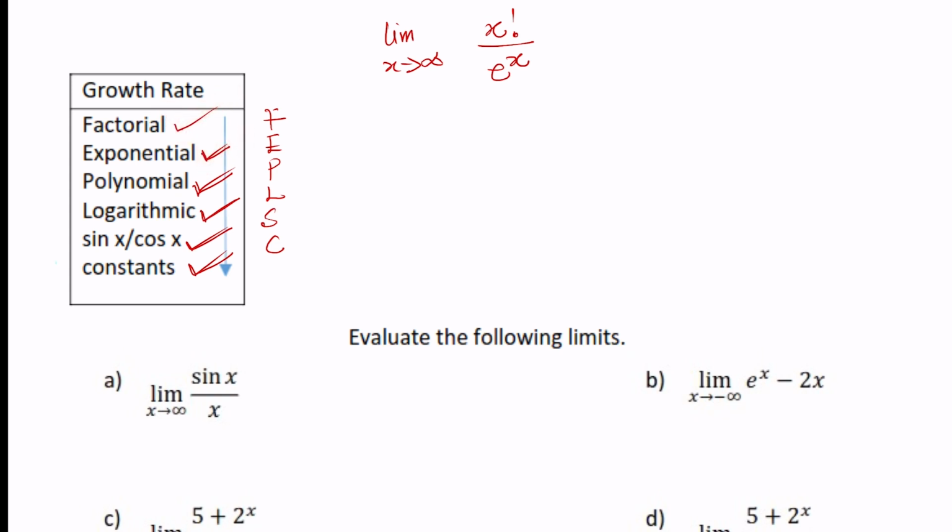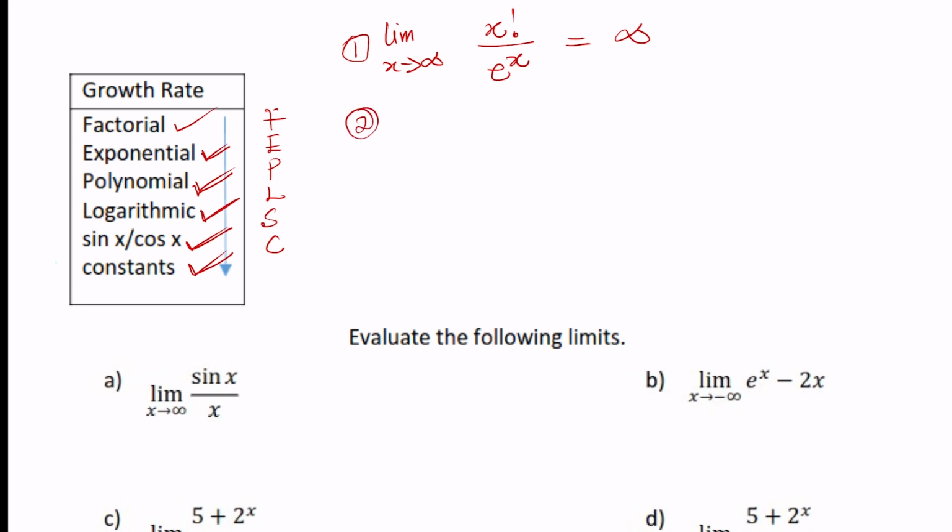So if the factorial has a higher growth rate than the exponential function, then it tells me that my factorial function will get to infinity faster than my exponential function. Why? Because the factorial function is going to get to infinity faster, so whilst it's at infinity, the exponential function is still at a finite value. And for that matter, the answer to this will be infinity.